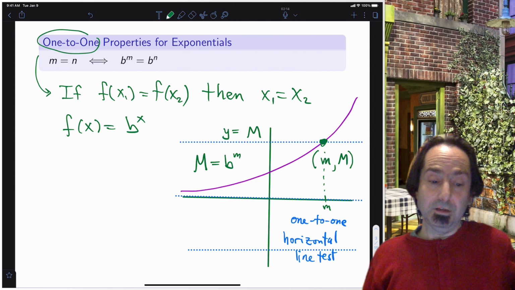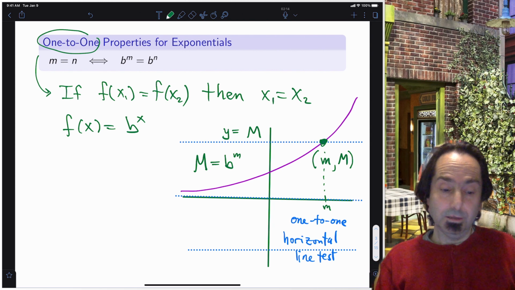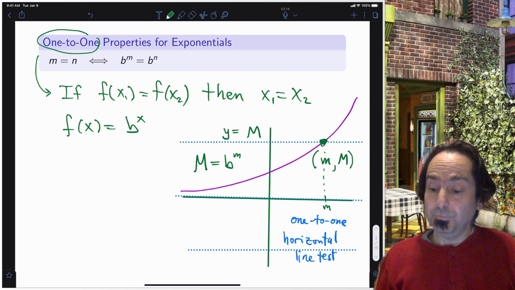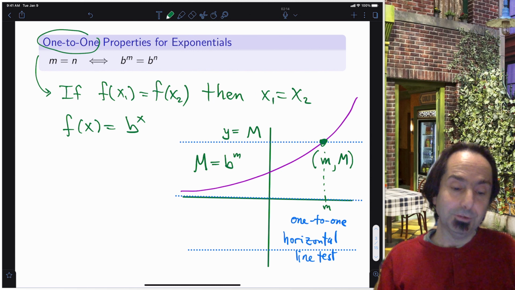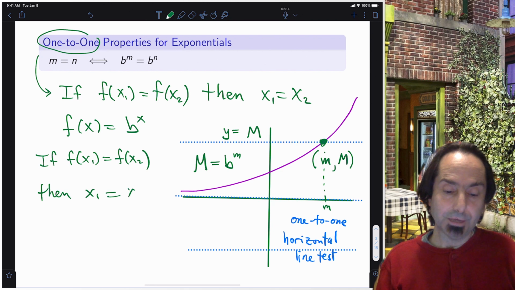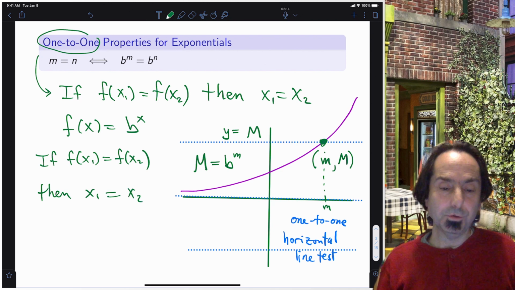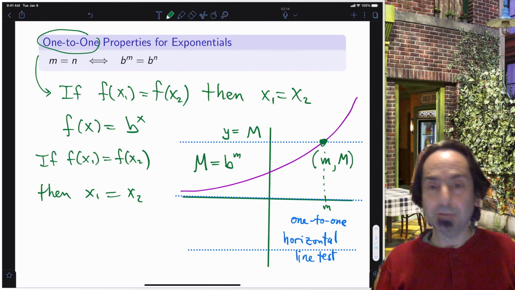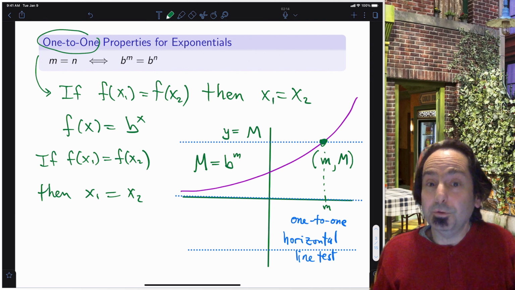And notice it's a one-to-one function, and that just means that if f of x1 equals f of x2, then x1 equals x2. And of course, you can go the other way. If x1 equals x2, just plug them both into the function.